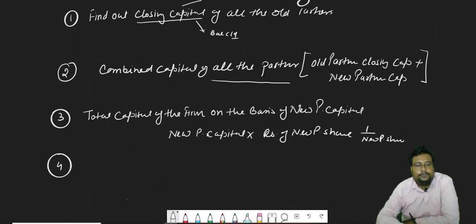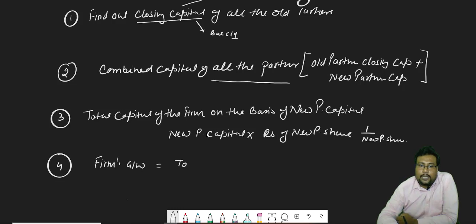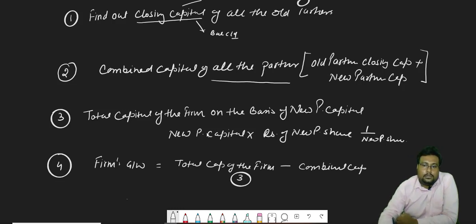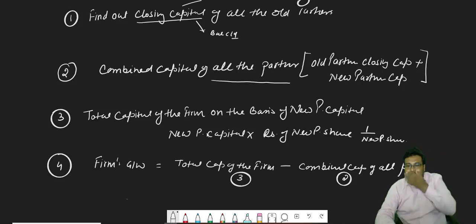Step number 4, we have to find out the firm's goodwill. Now how will the firm's goodwill come? Simple: total capital of the firm, which is step number 3, minus combined capital of all partners, which is step number 2.